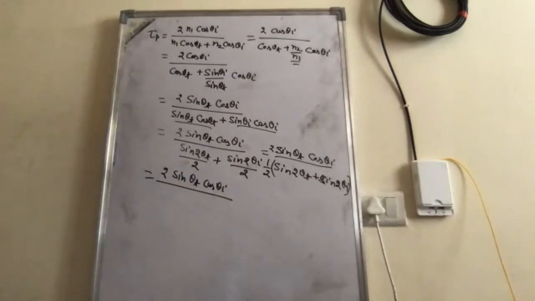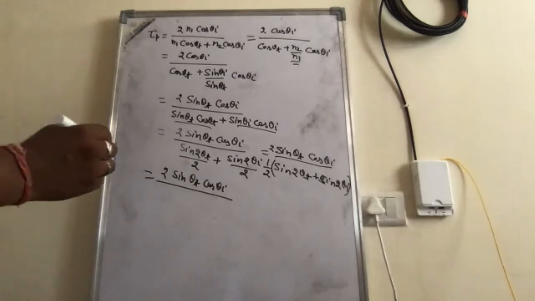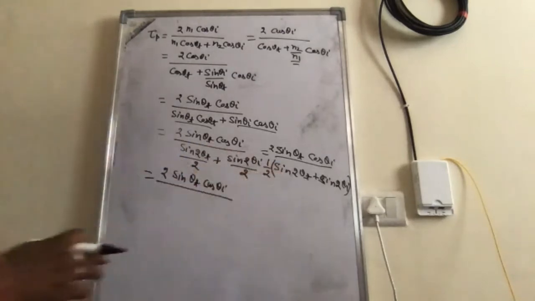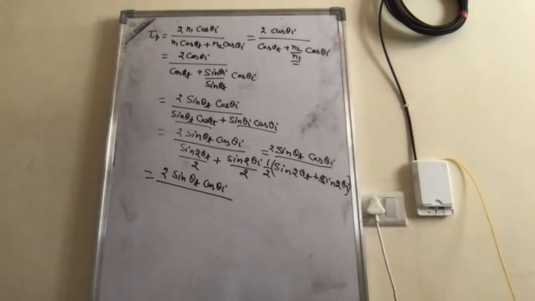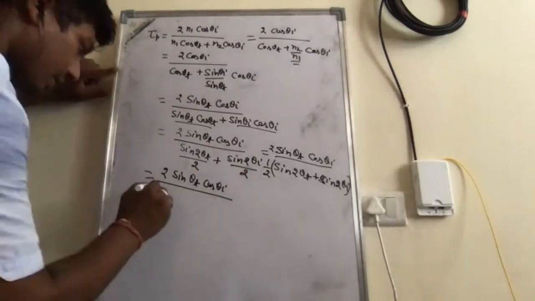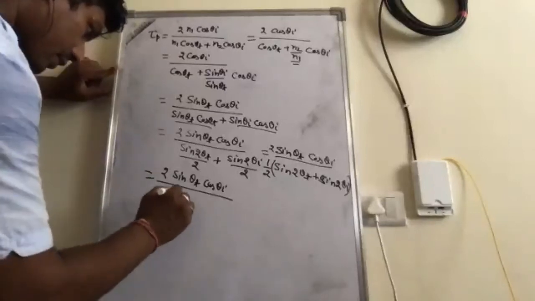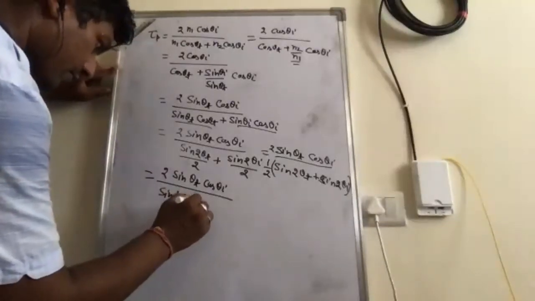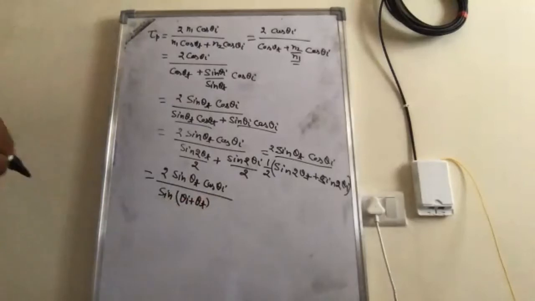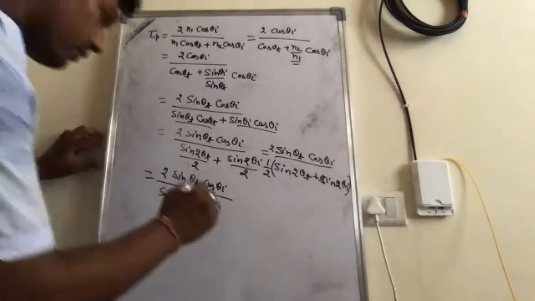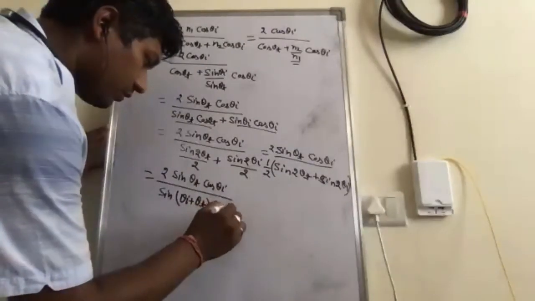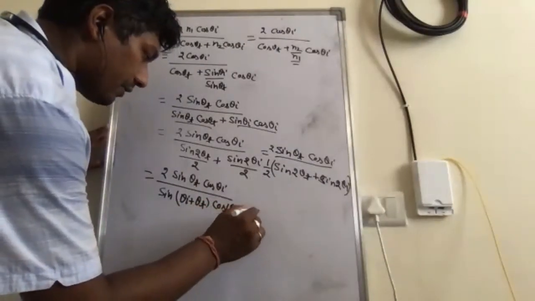This is equal to sin of (c plus d) by 2, so sin of (theta i plus theta t), and cosine of (theta i minus theta t).